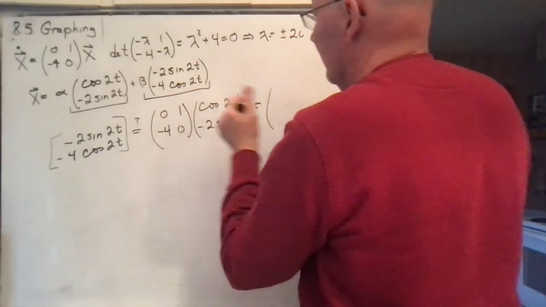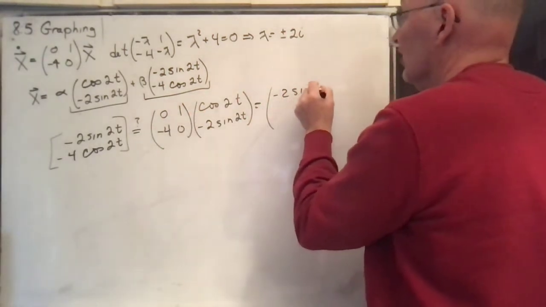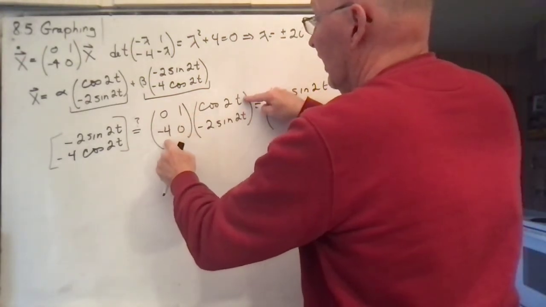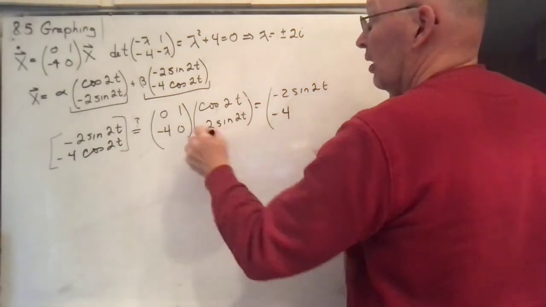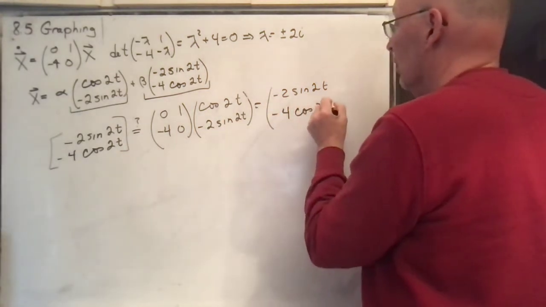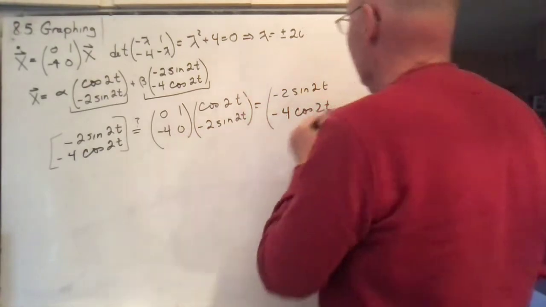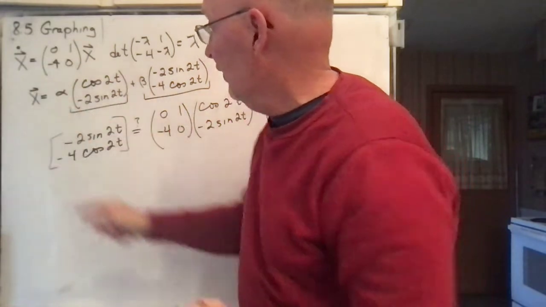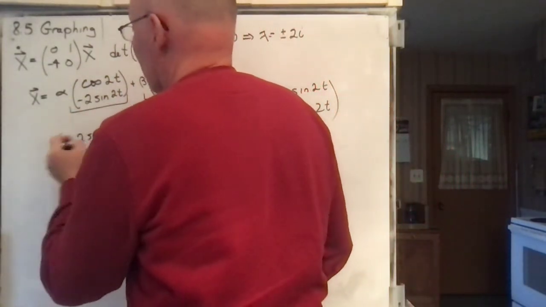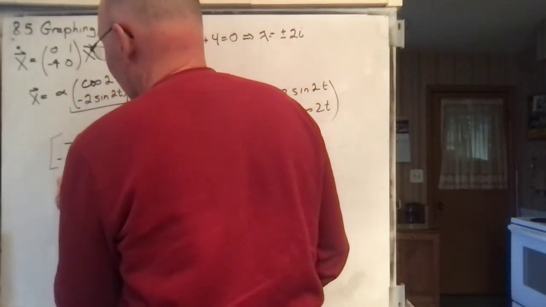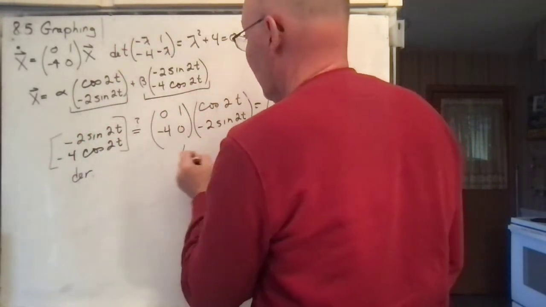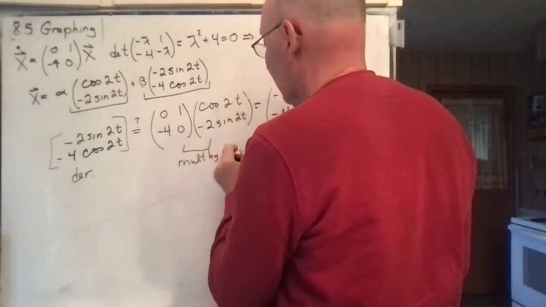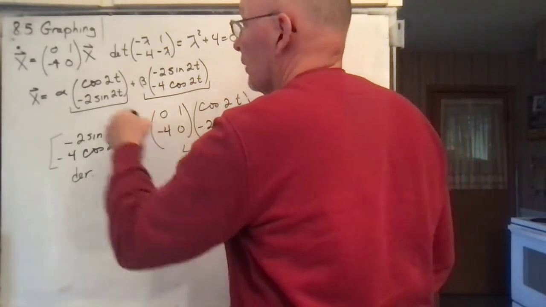Here we're going to get a negative 2 sine of 2t, this times this and this times this, and then here we're going to get a negative 4 cosine of 2t, and then 0 there. So sure enough, this is the derivative right here, and this is multiplied by the matrix right there, and they are equal.